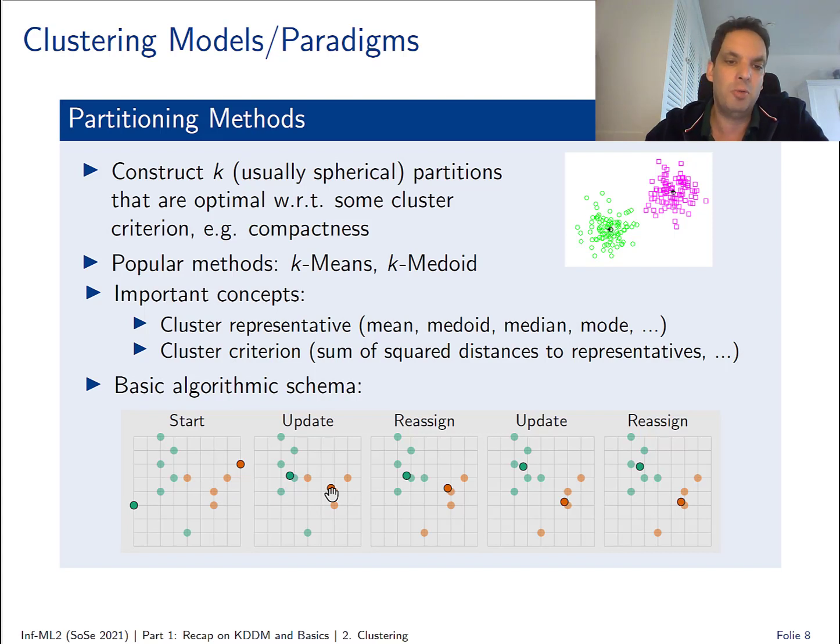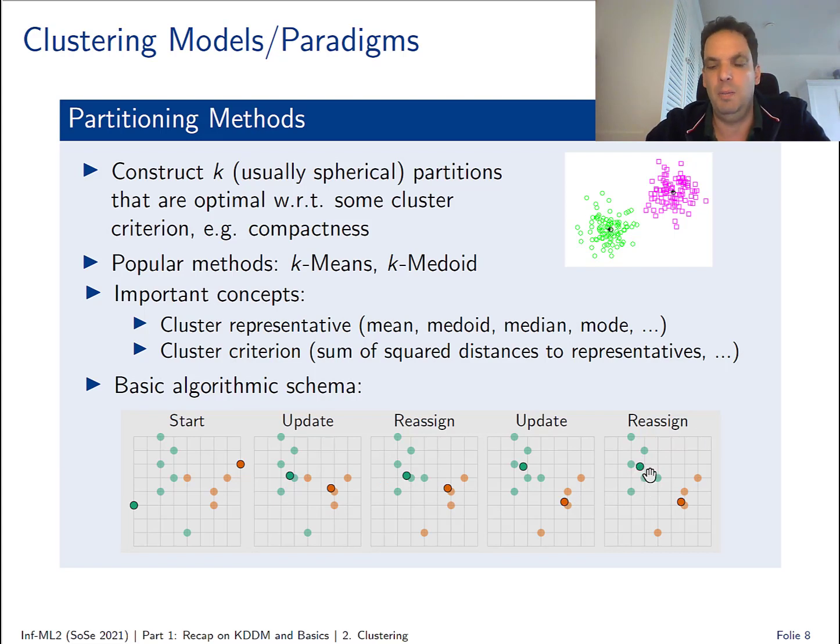And then again, we have to reassign the points to the closest cluster representative. So this guy originally belonged to this one here, but now it belongs to this one here because this cluster representative is closer to it than that one. So we reassign the points to the closest cluster center, update the cluster centers, so we recompute the means of the two sets, and then again reassign the points to the closest cluster center, and so on.